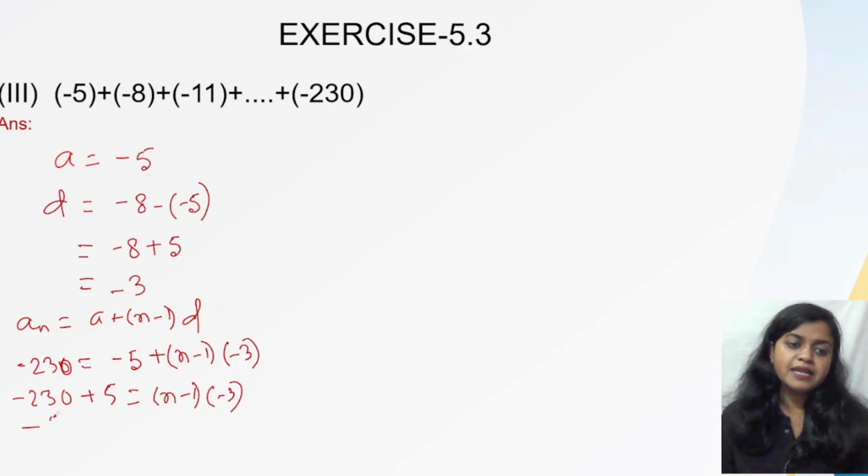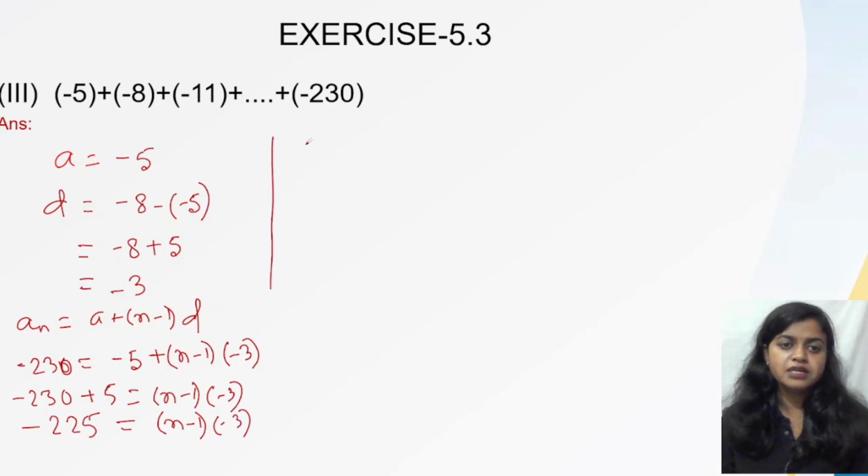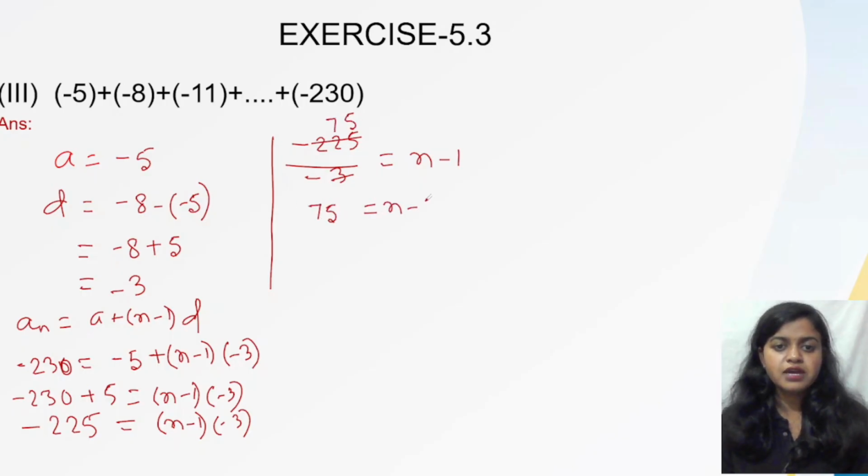This will be minus 225 equals (n minus 1) into minus 3. So minus 225 by minus 3 equals n minus 1, that is 75 equals n minus 1. So now n equals 76, which means 76 terms are present in this AP.